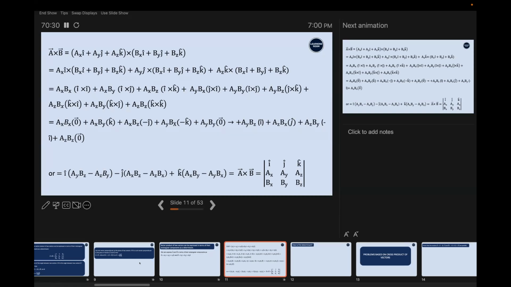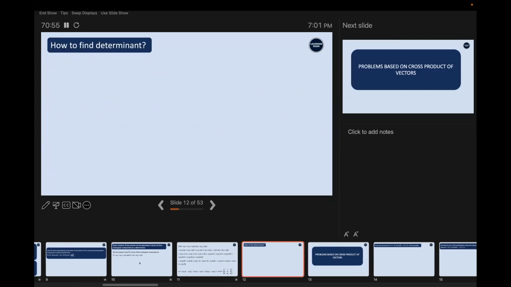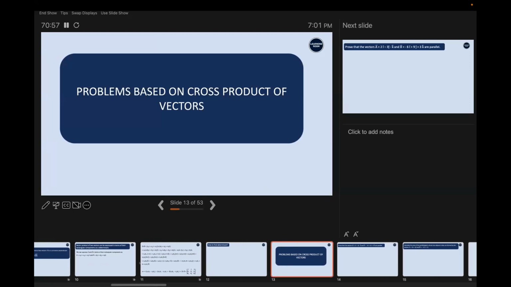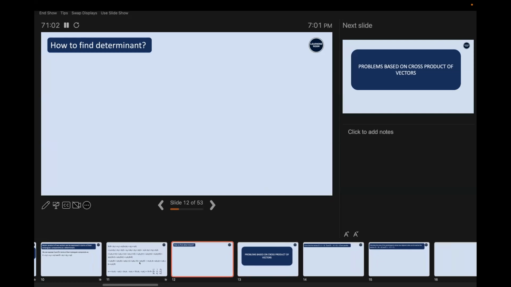Clear, guys? So the next point is how to find the determinant. After this, I have some problems which are connected to this. So how to find the determinant? I'll explain it now.